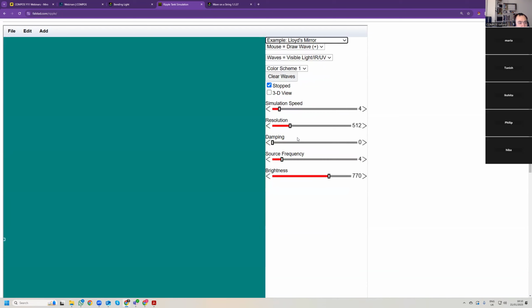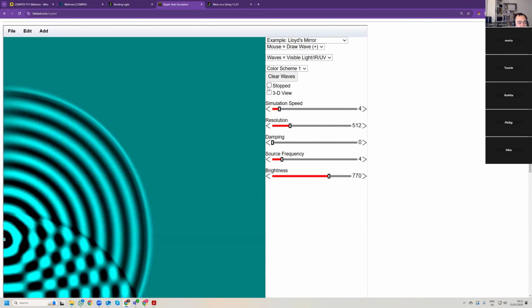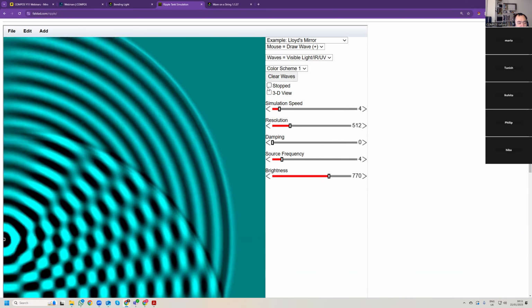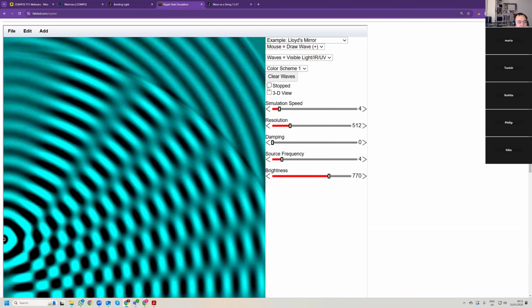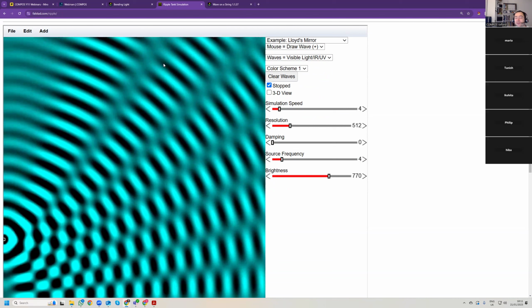What's a Lloyd's mirror? Oh, that's an interesting pattern. Okay, anyways, waves reflect.